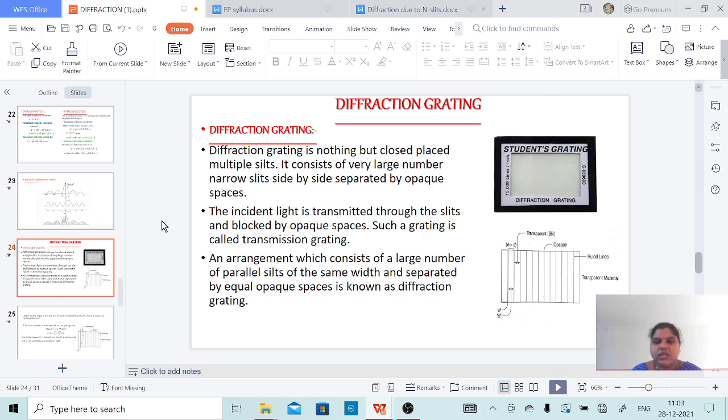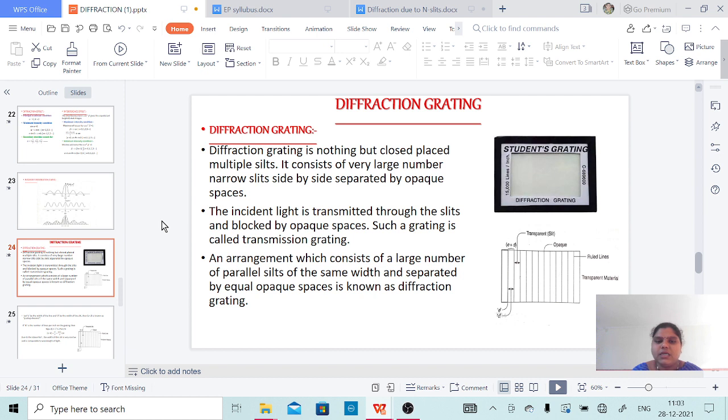Here, e is the line width and d is the separation distance between two lines, that is e plus d. The transparent medium acts as slits, the opaque medium is not transparent, and the ruled lines indicate e.